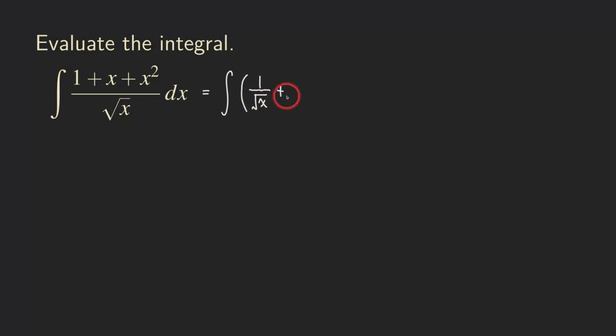Second fraction, we have the second term, x, over the square root of x. And then the third term, x squared, over the square root of x.